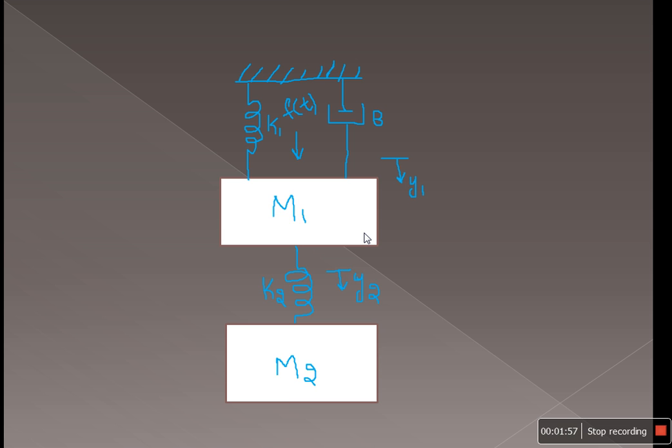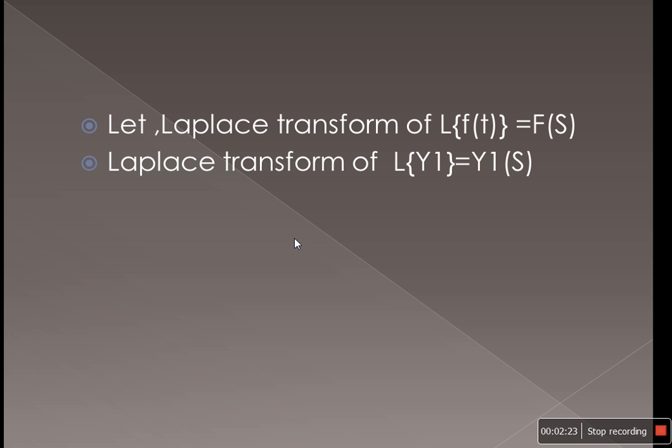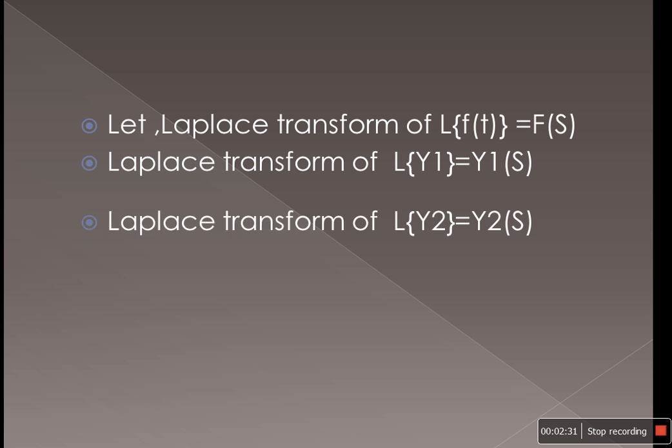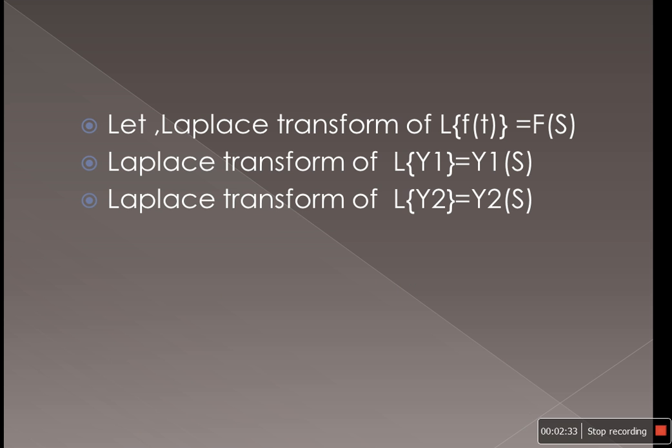So the first step is to draw the free body diagram. For m1 we have the applied force F of t, and opposing forces due to m1, due to k1, due to b, and also due to k2. Step number 1 is the Laplace transform: the Laplace transform of f of t is F of s, of y1 of t is Y1 of s, and of y2 of t is Y2 of s.